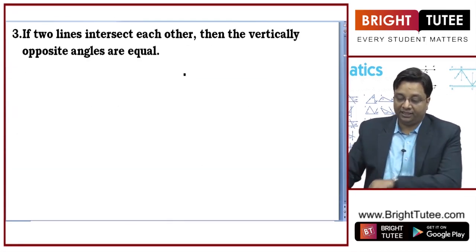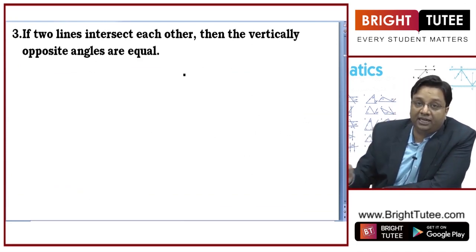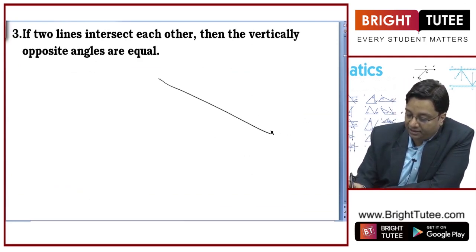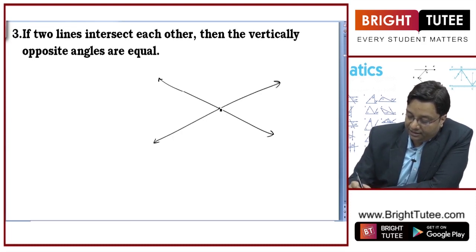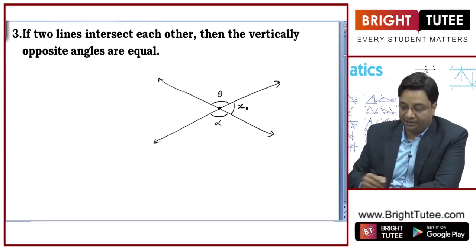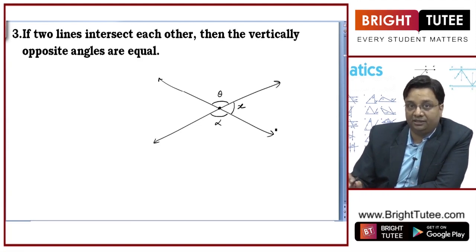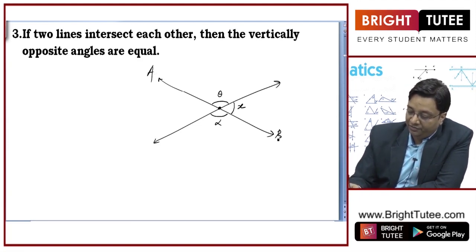If two lines intersect each other, then vertically opposite angles are equal. Let us say these are two different lines. These intersect each other at this point. This is one angle theta, this is another angle, let us say alpha, and let it be third angle x. So these are two straight lines, it is already given, and let us consider this line AB first.